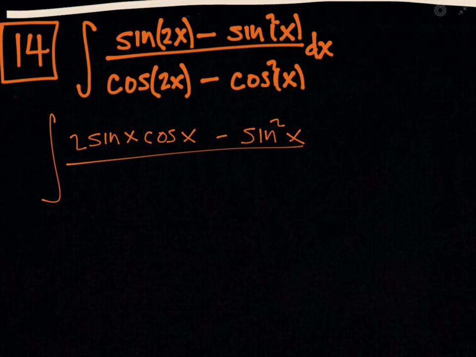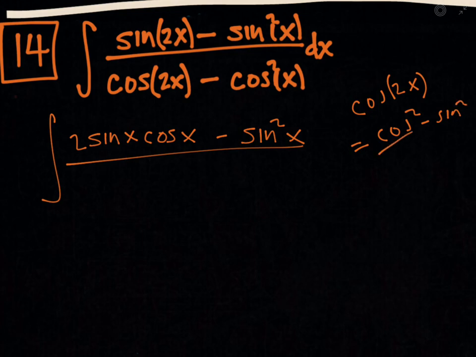Okay, now we're moving on. We're going to say the cosine of 2x, and I have a couple options to choose from. I think the most concise option is that cosine 2x is equal to the cosine squared minus sine squared.